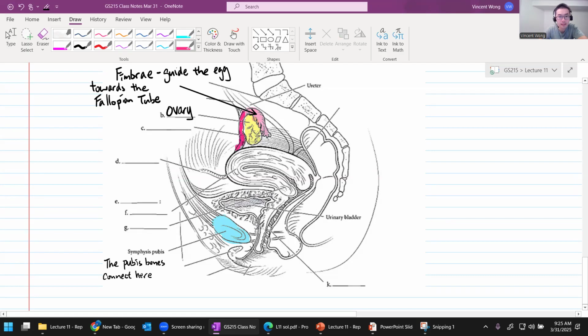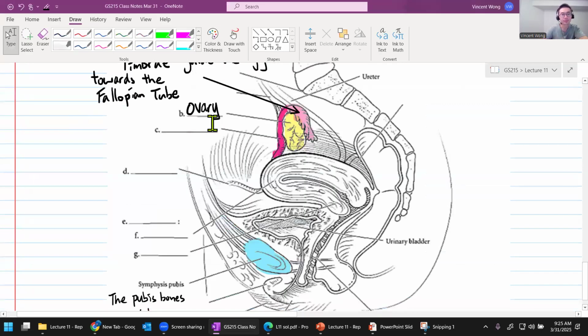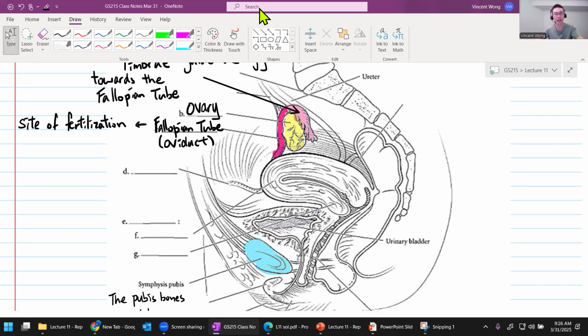What key events take place in the fallopian tube? Does anybody know? Fallopian tube, also known as the oviduct. What happens in the fallopian tube is that this is the site of fertilization, which is when the sperm will fertilize the egg.